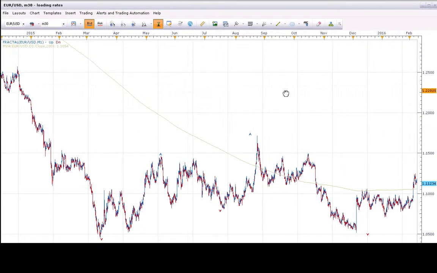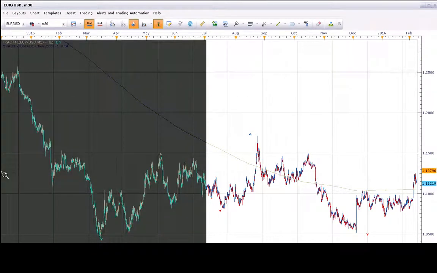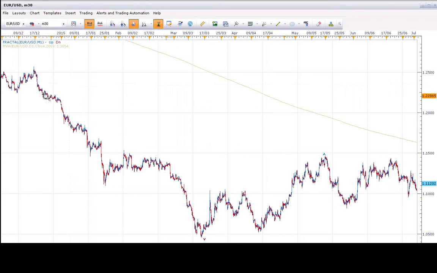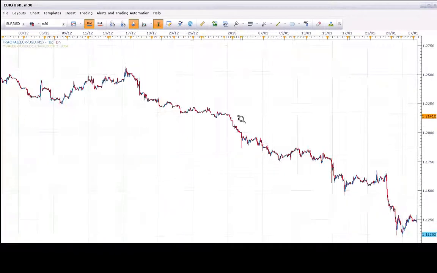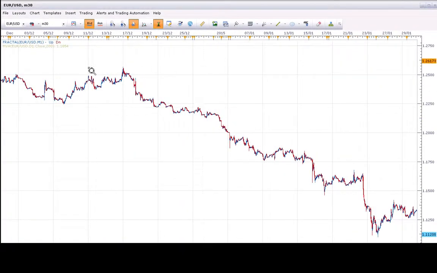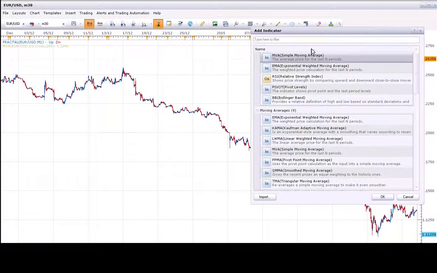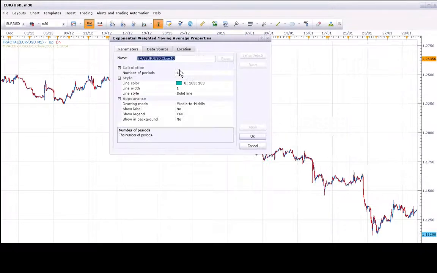Doesn't really want to go out much further than that. Okay. So let's zoom in on that. Maybe take a bit more. Even a bit more. Okay. So we're below the 200 period moving average. So what we're going to do now is apply a 20.